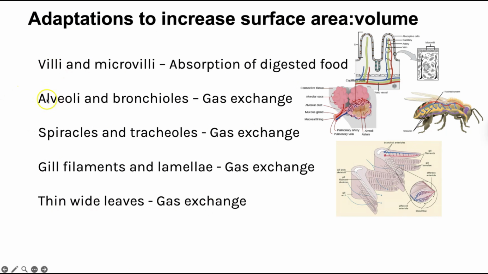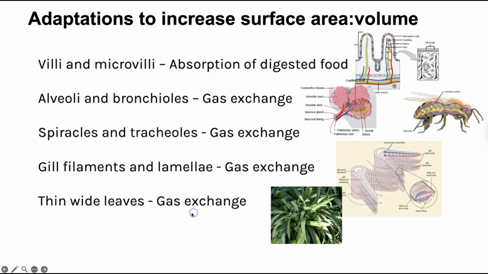This one here is in mammals, this one is in terrestrial insects, fish and plants, and this is all going to come up in this video. And then also many capillaries. So having a capillary network is going to be relevant at exchange systems for gas exchange, but also for the absorption of digested food. So these concepts will come up over and over again in this video.